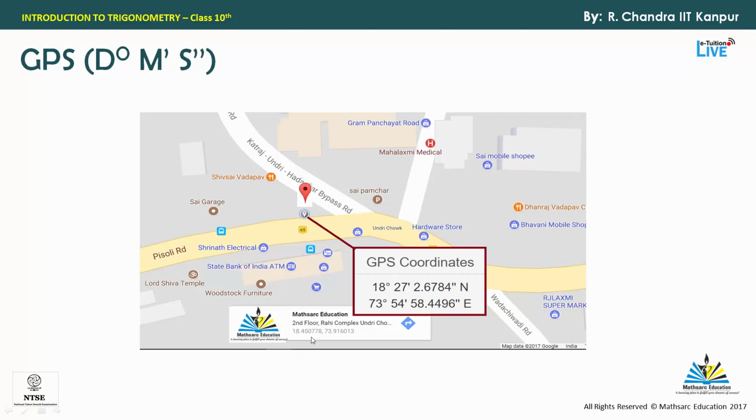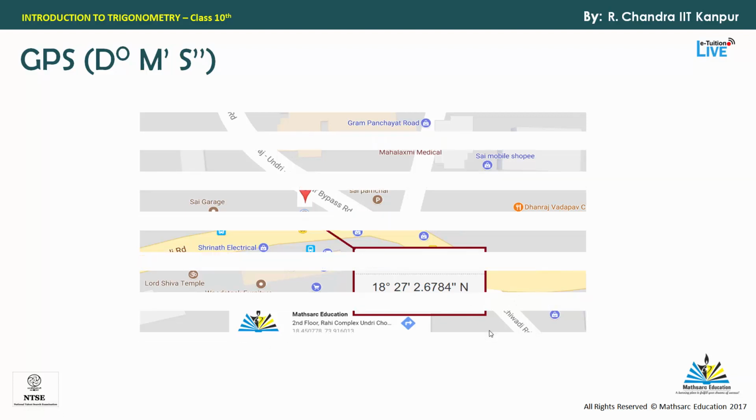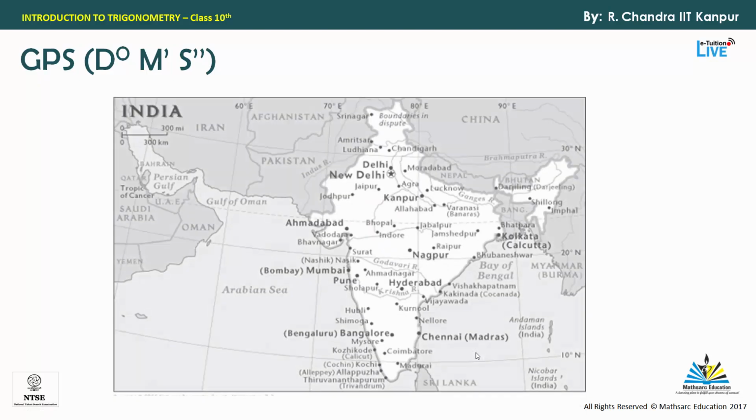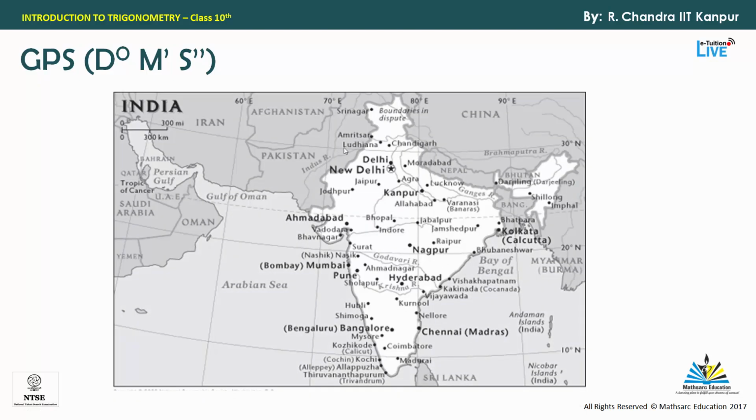And here you can also watch these coordinates. These coordinates are in degrees, 18.450. As you can see, 18 degrees point something and 73 degrees something like that. So these are totally in degrees, and the others are in the degree, minute, second system. Let's see one more example, that is the map of India.